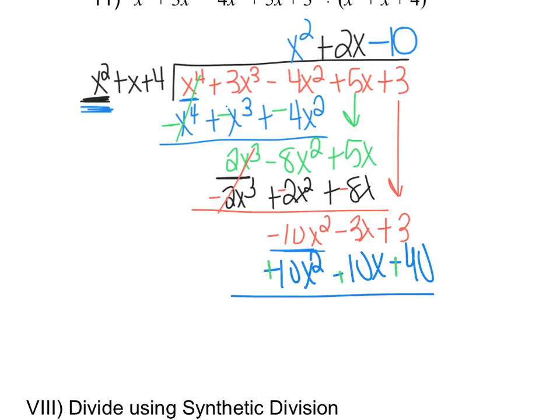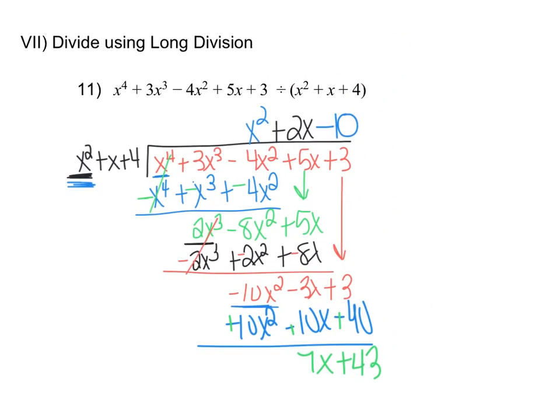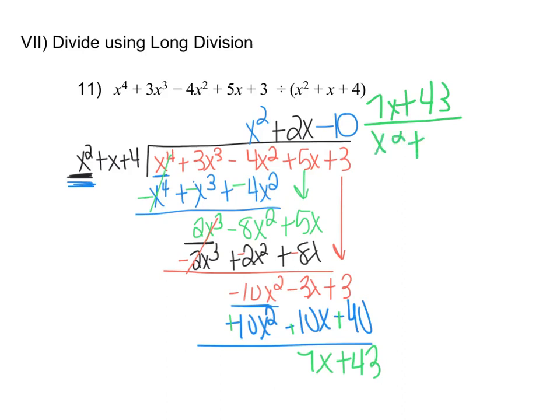Everything is the opposite. So I get 7x plus 43. Once there's nothing else to bring down, that 7x plus 43 is my remainder. And it comes up here, 7x plus 43, and I put what I'm dividing by in the denominator, x squared plus x plus 4. And there, up here, that is your answer.